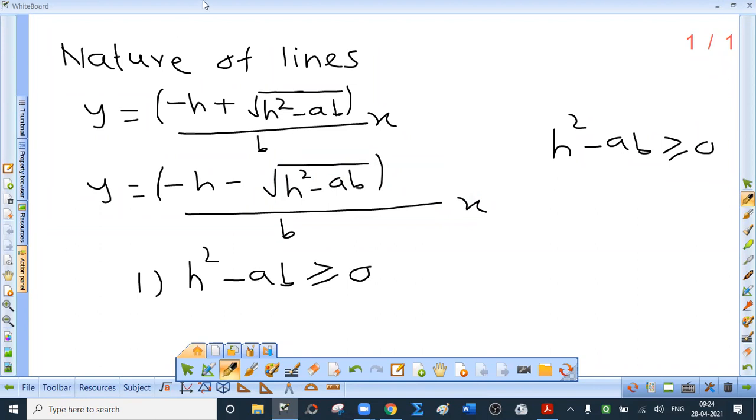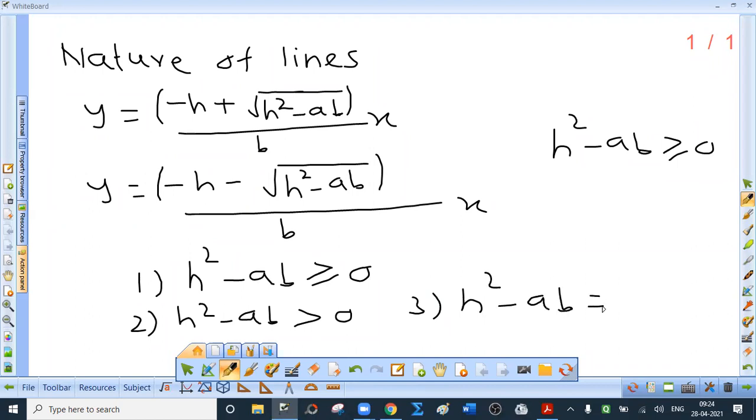The lines will be real and distinct. See, lines will be real and distinct when h square minus ab is greater than 0.